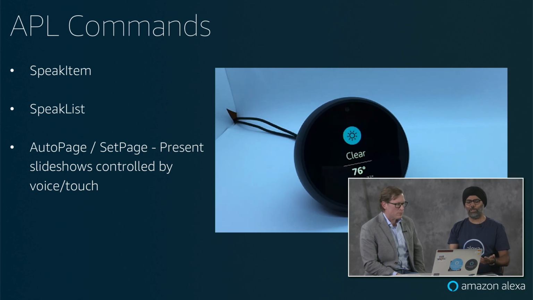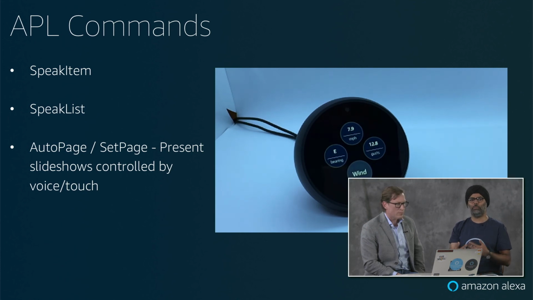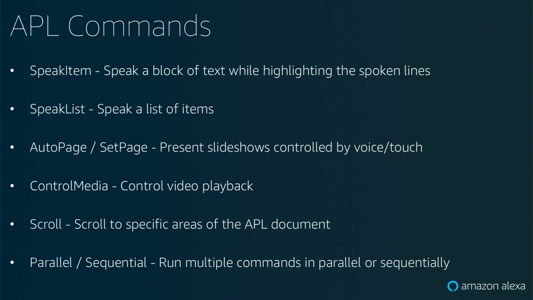You can run timed slideshows like the one here, where a slide flips every 3 seconds, or you can use a bunch of set page commands to custom run a slideshow. So imagine a slideshow that responds to customers' voice input, Alexa next, Alexa previous, whatever they want to say. We've also got other commands to control media, which is video, scroll up and down, side to side.